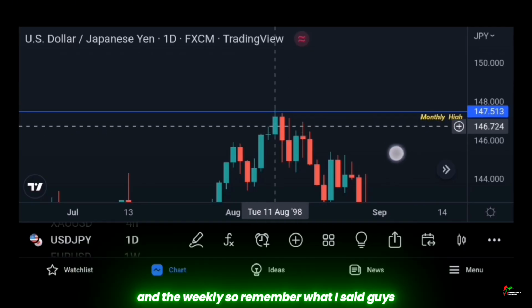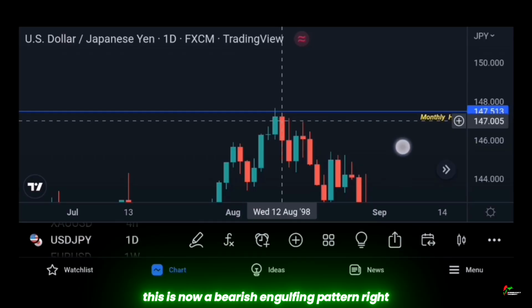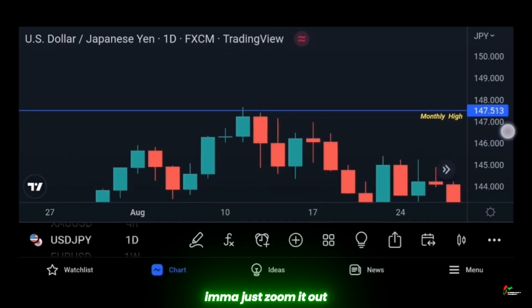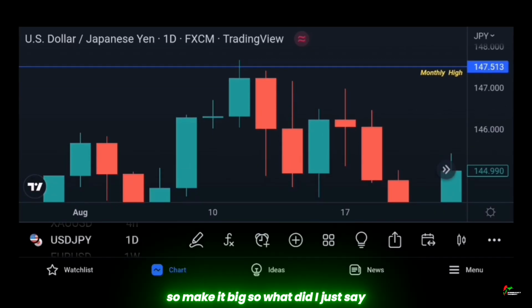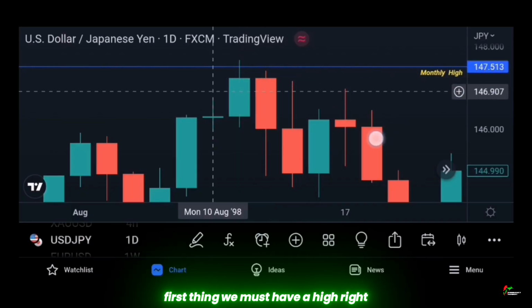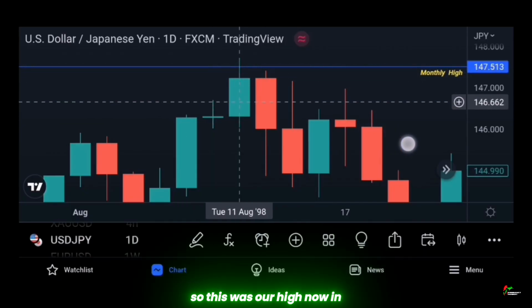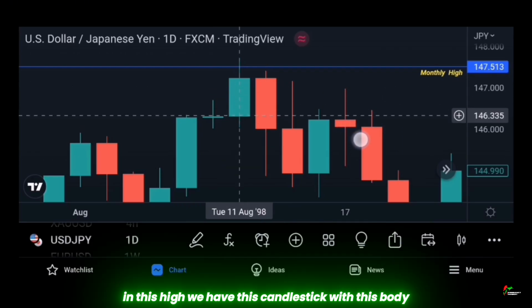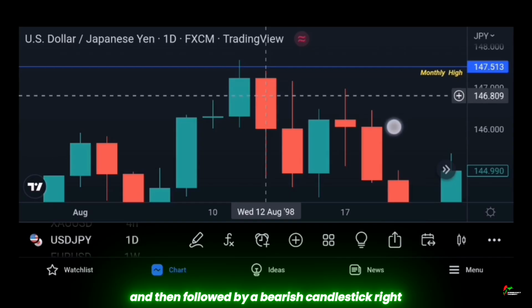Remember what I said, guys. This is now a bearish engulfing pattern. Look at this candlestick. I'm going to zoom in to make it big. What did I just say? We must have a bull candlestick first, and we must have a high. So this was our high. In this high, we have this candlestick with this body, followed by a bearish candlestick.